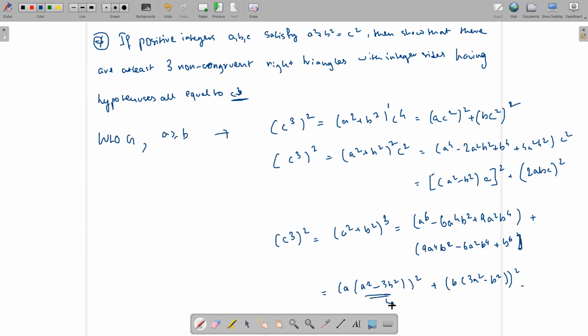This might be negative, right? But it doesn't matter since I'm squaring it. We can take the modulus in this case.